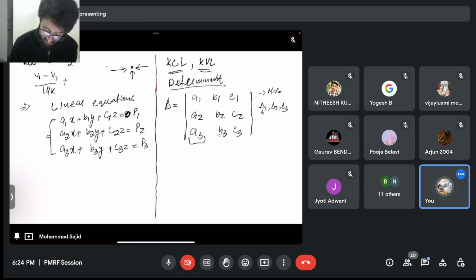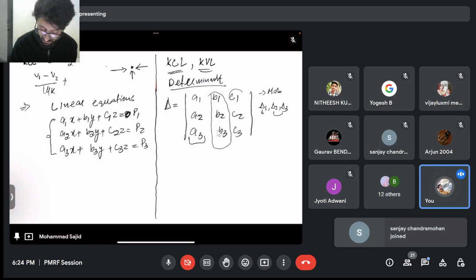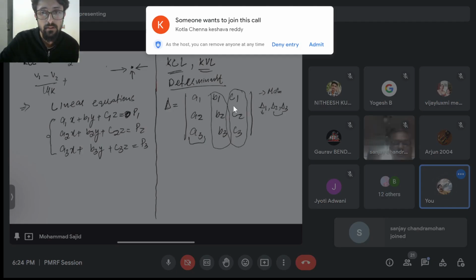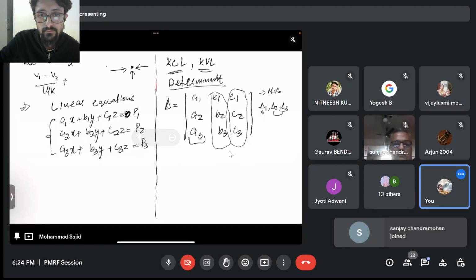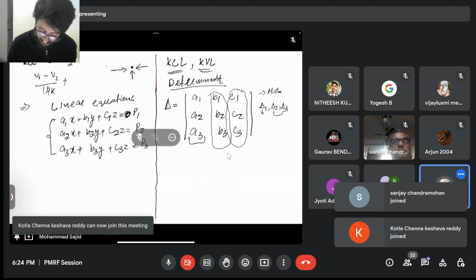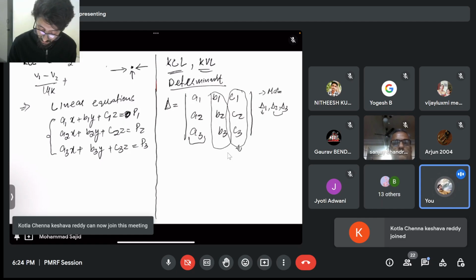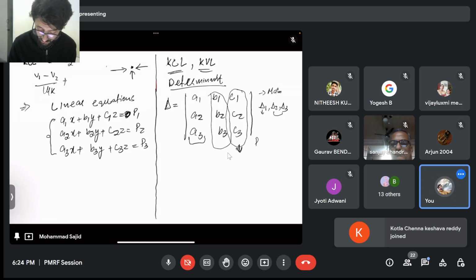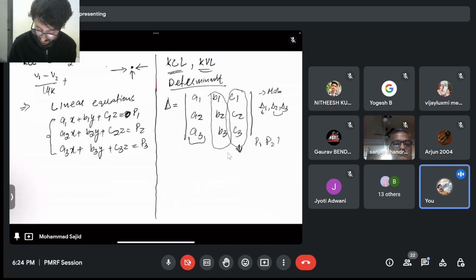Similarly, you will find the other two determinants by replacing the respective columns with d1, d2, d3.